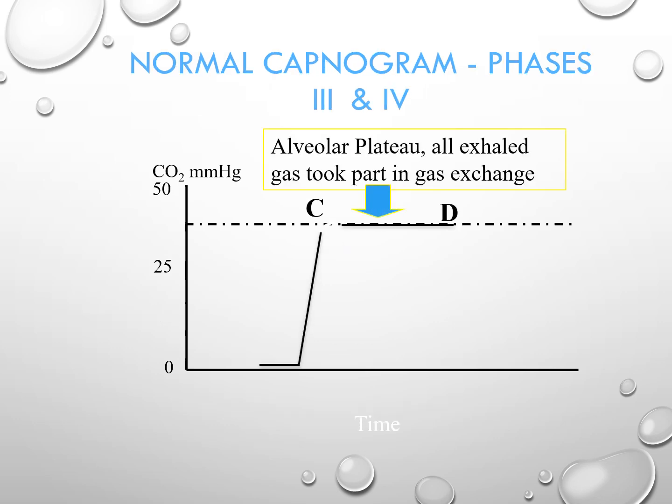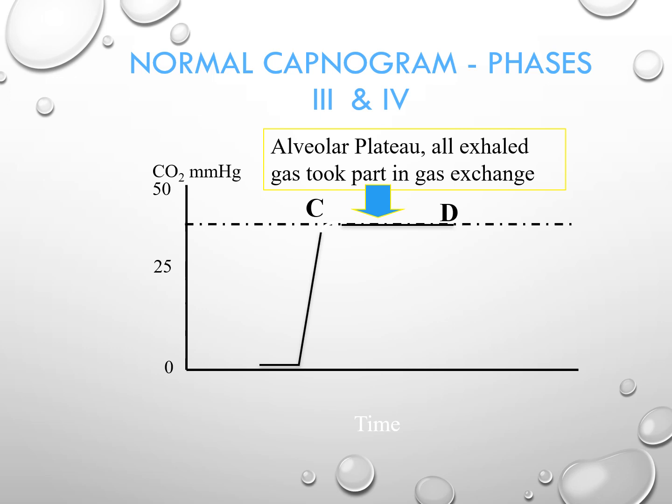Looking at phases 3 and 4, let's focus for a moment on phase 3. In phase 3, you have what looks to be a steady state, a plateau. It may not be a perfect plateau, but you're looking for something close to it. What's happening there is you're no longer mixing gas that hasn't gone down to the alveoli with gas that has. You are measuring alveolar gas that's been exhaled. It's a homogeneous gas that has fully participated in gas exchange, and therefore you have a leveling off.